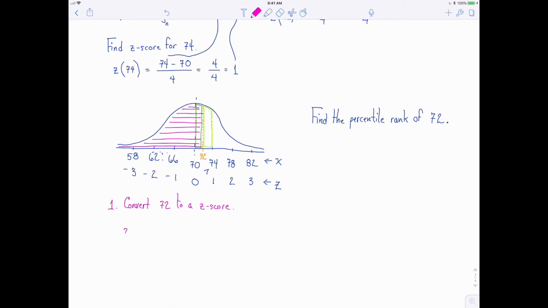So let's see, that's z-score for 72. That's going to equal, sorry, that little 2 is kind of hard to see. Let's make that a good looking 2. So I would take 72, subtract 70, and then divide by 4. So 72 minus 70, that's 2, divided by 4, so that's going to be a half, or 0.5.